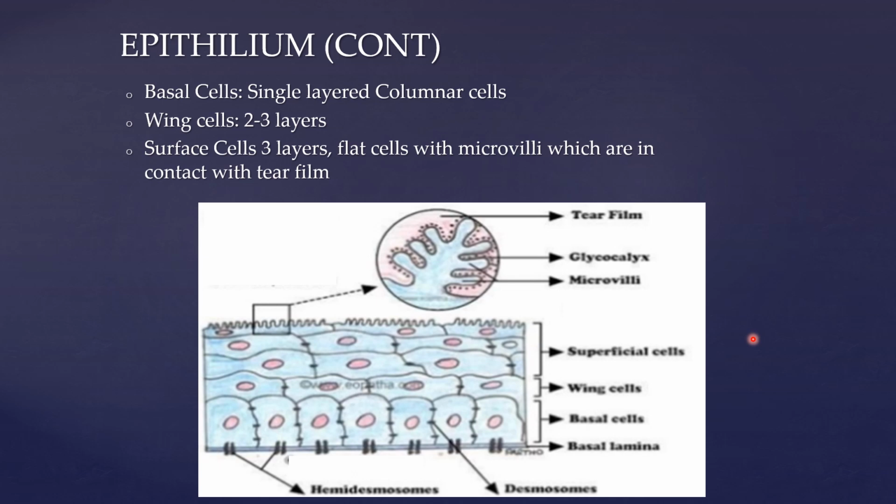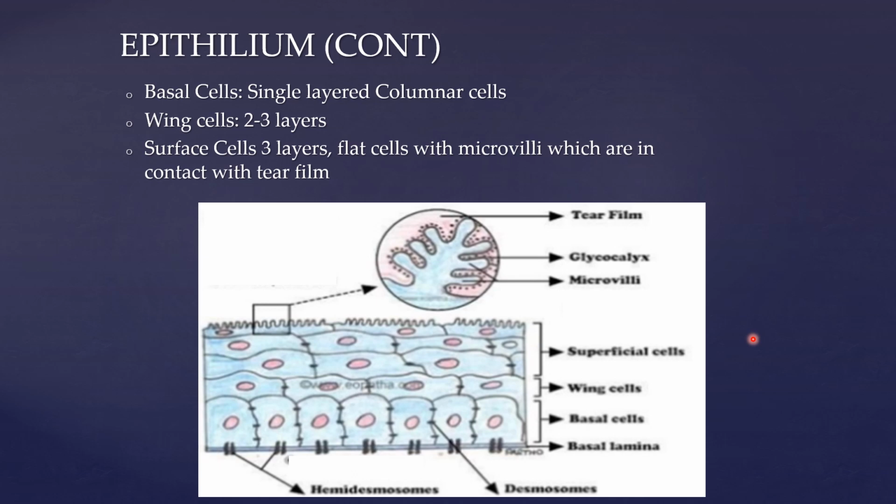Now the functions of epithelium. The primary function of corneal epithelium is that it acts as a barrier between the external surface and the deeper layers of cornea. And it does this with the help of junctional complexes, which prevent the passage of materials to the deeper layer.